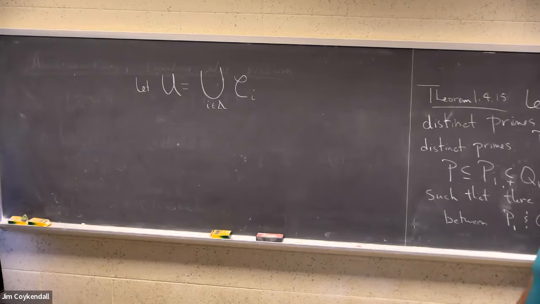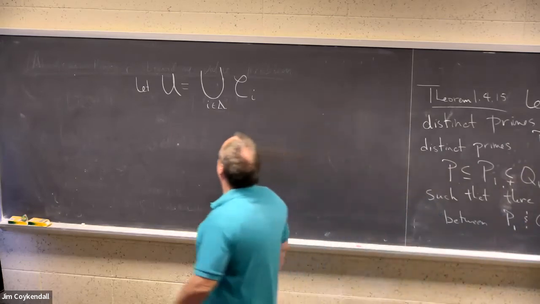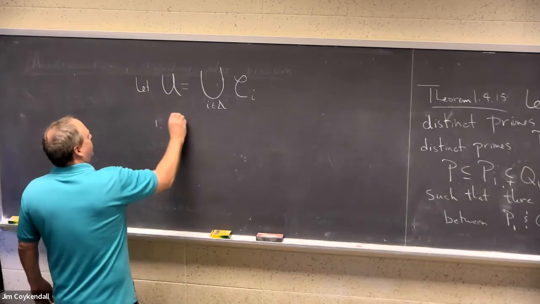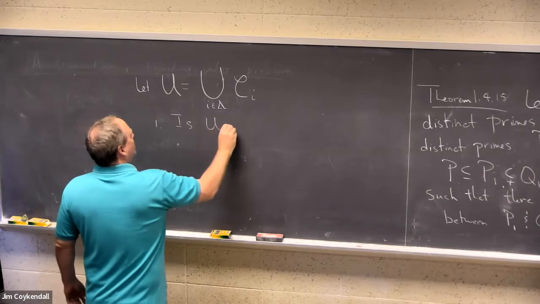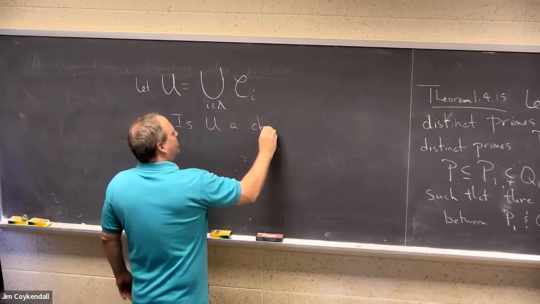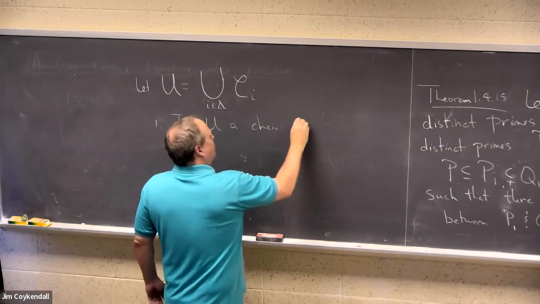The first thing we need to verify is that the union U is a chain of primes.